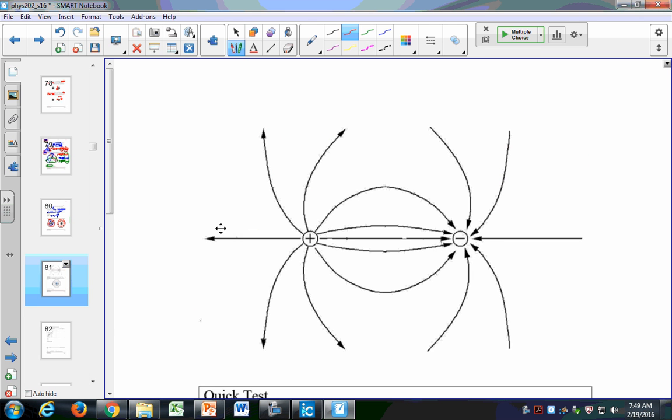If I have a system like this, and I draw my equipotential lines, you just draw them perpendicular. So that would start out like this, so that it's perpendicular. Notice it's perpendicular. I'll keep going like that. And y'all did this in lab, where you marked out the equipotential lines.